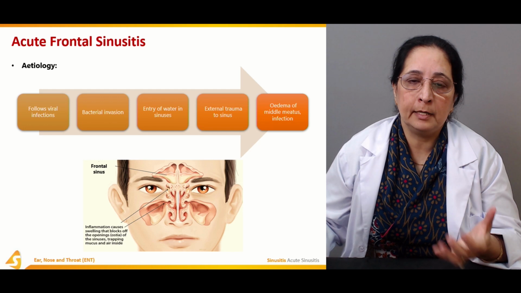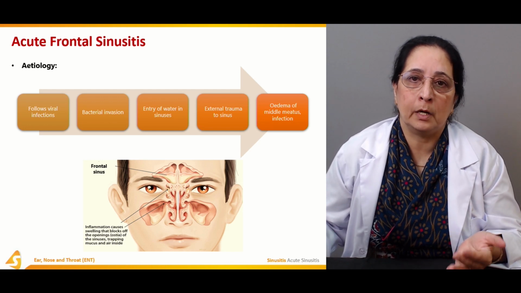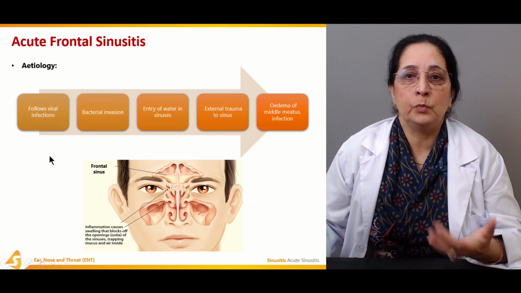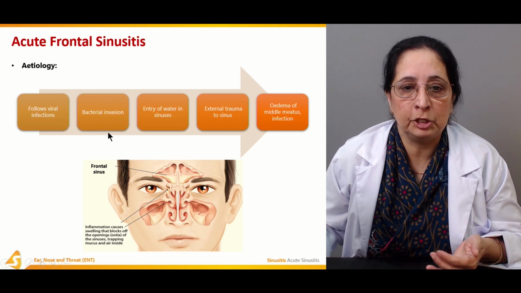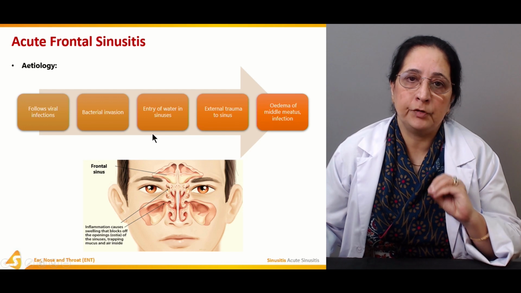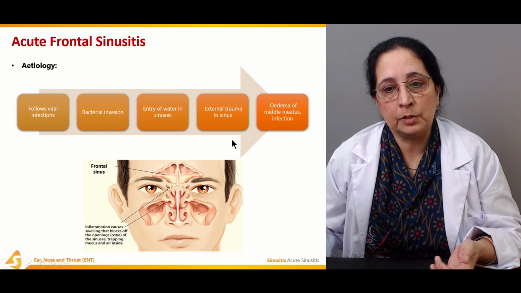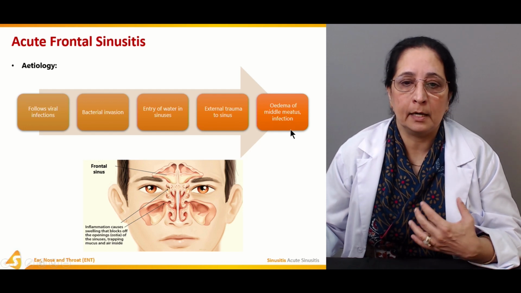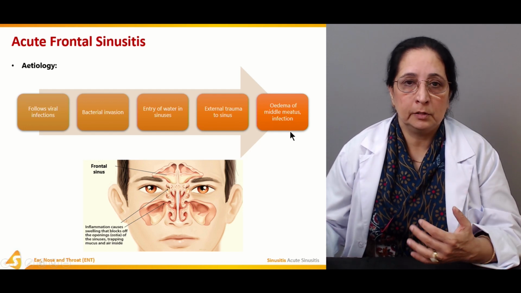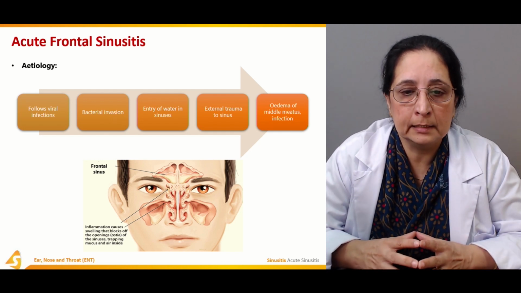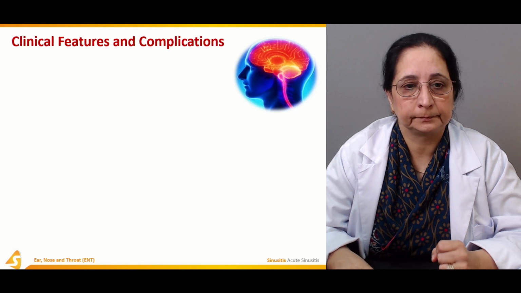So frontal sinusitis also occurs as a result of viral infection with superimposed bacterial invasion, and then there is entry of water in the sinuses and trauma to the sinus, causing edema and infection. So this is the cause of the frontal sinusitis.